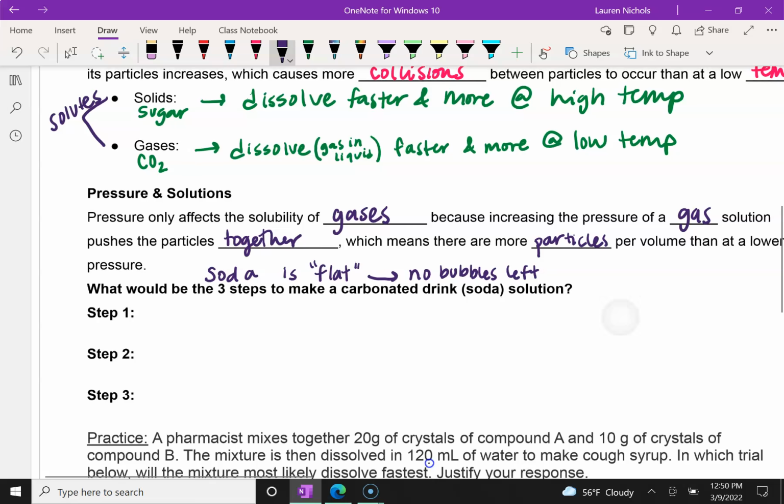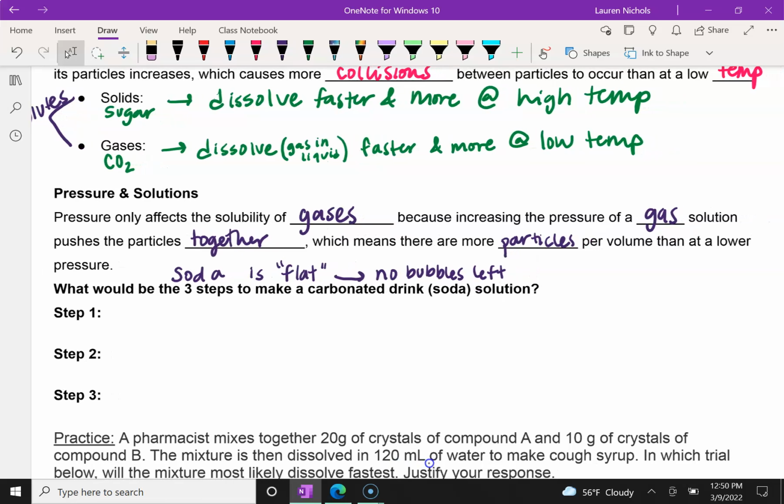One thing that they've sometimes asked you to do on the gateway is to actually write down what's the chemistry, what are the steps behind creating a carbonated drink or a soda. A soda solution is going to have, and I'm simplifying this, three main parts.